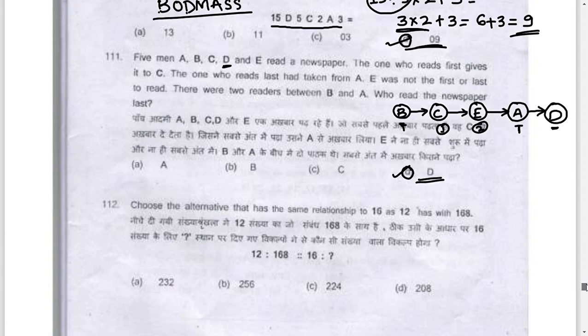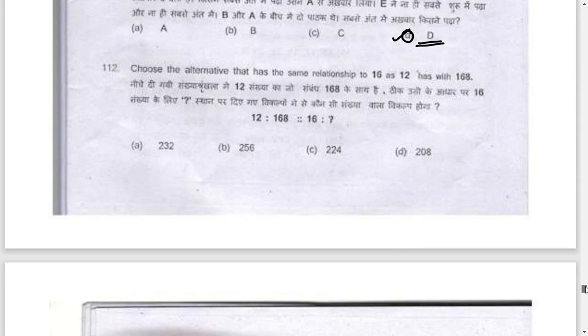Now go to the next question. That is, choose the alternative that has the same relationship to 16 as 12 has with 168. So they have given like this. 16, so 12 into 14 will be 168. Now you calculate 16 into 14.